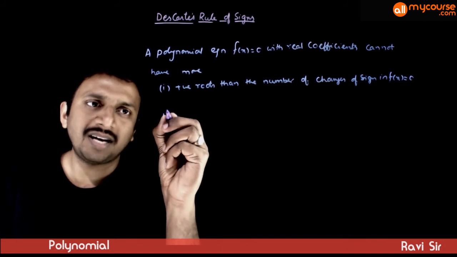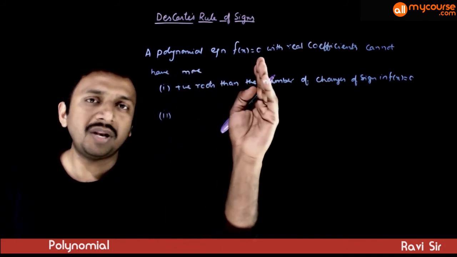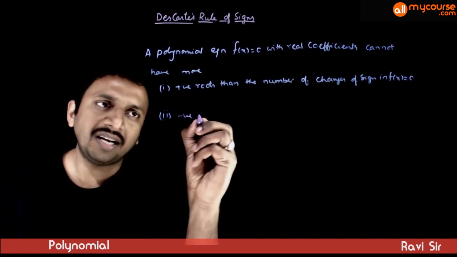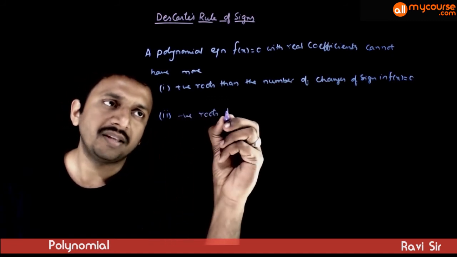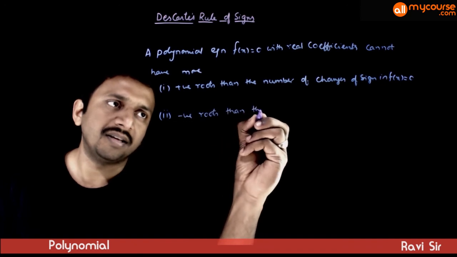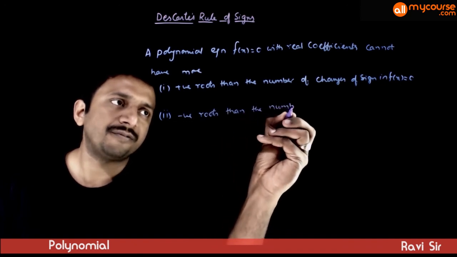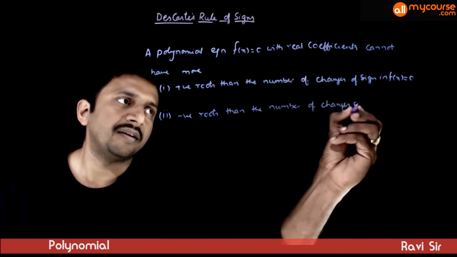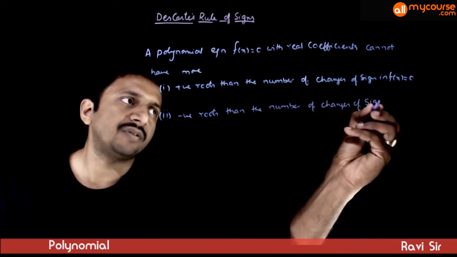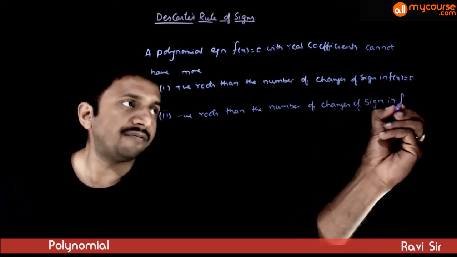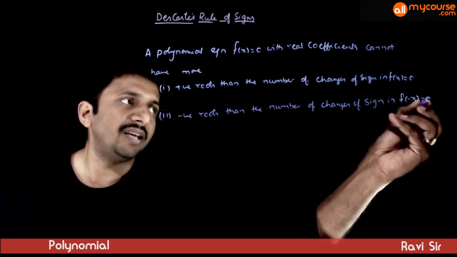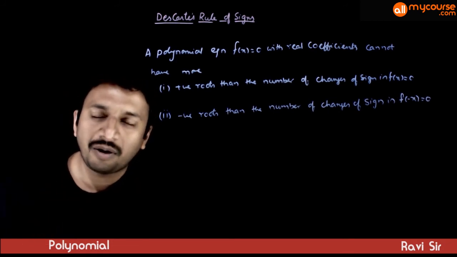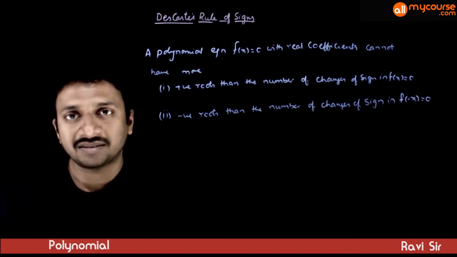And the second statement is that the polynomial equation with real coefficients cannot have more negative roots than the number of changes of sign in f of minus x is equal to 0. So these two statements combined form the Descartes rule of signs.